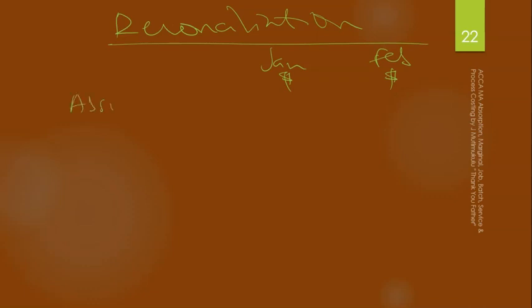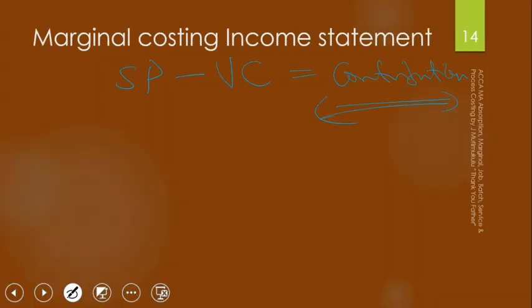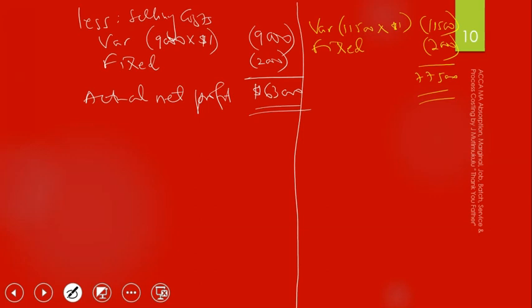Let's start with absorption costing. The actual net profit in January was 63,000 and in February 77,500.